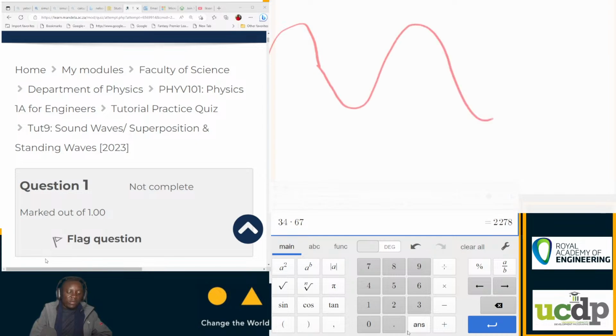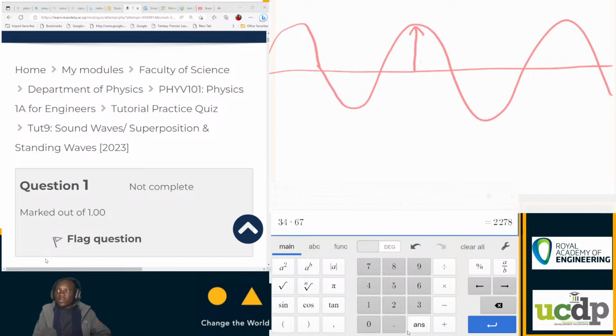If we have a wave like this, then we can define it in terms of different parameters, where we say the amplitude is the maximum displacement. It's the maximum displacement of the wave from the rest position. So in this case, this is the rest position, the principal axis of the wave, and the maximum height or the maximum displacement.